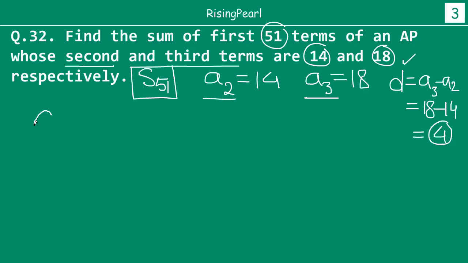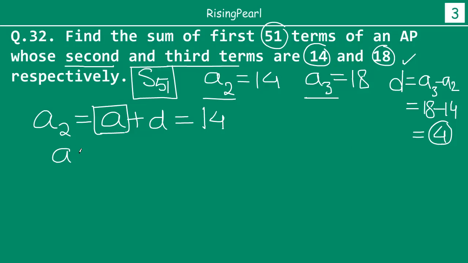Now second term is equal to A plus D, right? Because if A is the first term, then first term plus common difference is equal to the second term. But second term is given as 14, and we know that D is equal to 4.